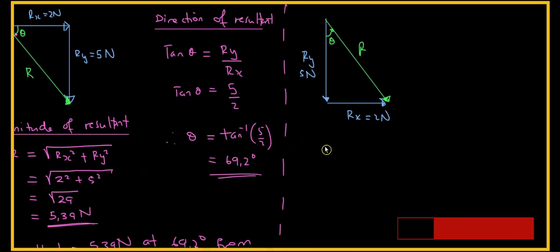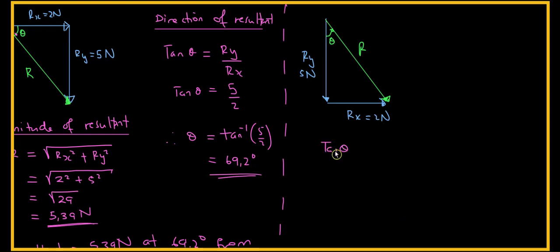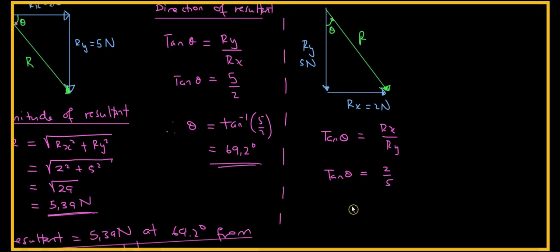For your direction, you would say tan theta is equal to opposite over adjacent. The opposite side to this angle here is my Rx, so I'll say Rx over Ry, which is the adjacent to the angle. So tan theta would be equal to 2 over 5.